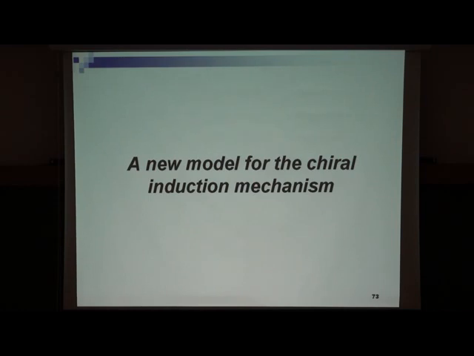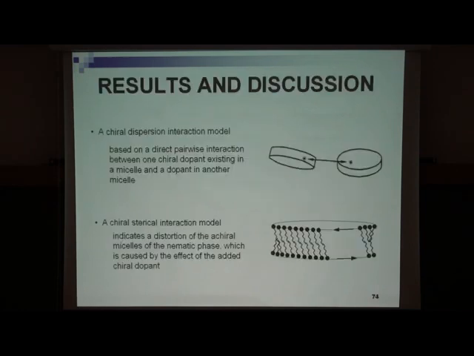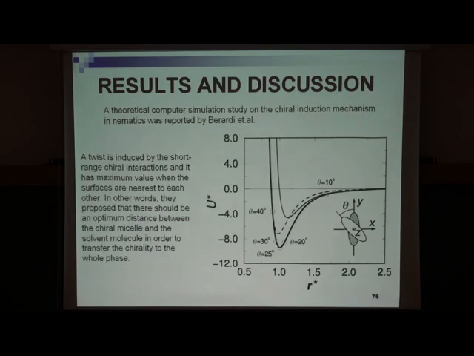Okay, and this is our model to make a contribution to the chiral induction mechanism. As I said before, there are two common chiral induction mechanisms published by Ratley groups, Ratley and Solfer. And this is very interesting, another theoretical study in the literature, which is published by Berard groups.